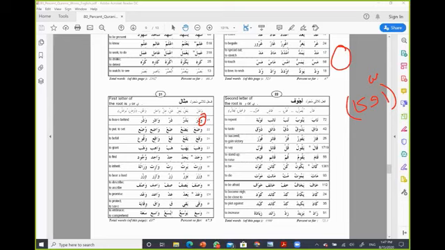Mithal means the beginning of the root of a word starts with a vowel. And ajwaf would mean the middle of the root of that verb would have a vowel.